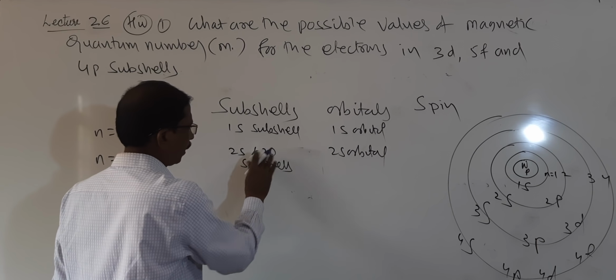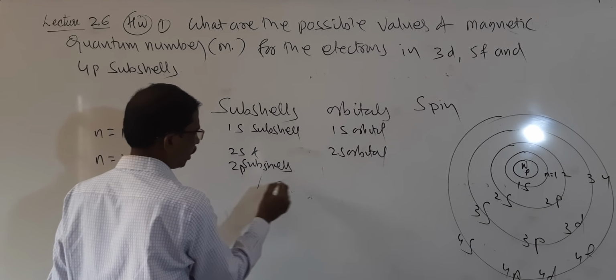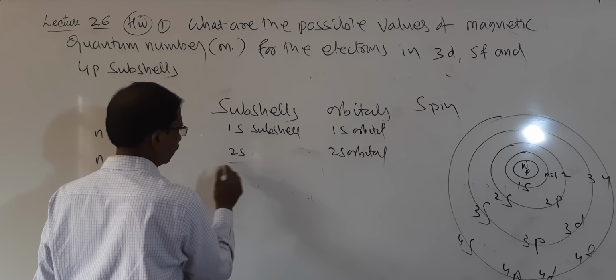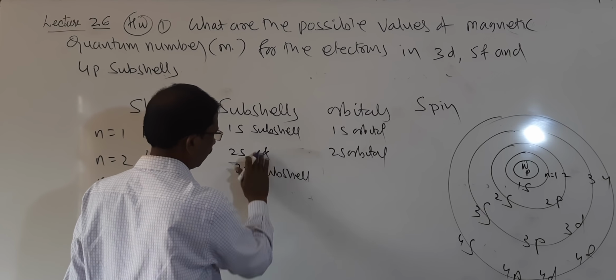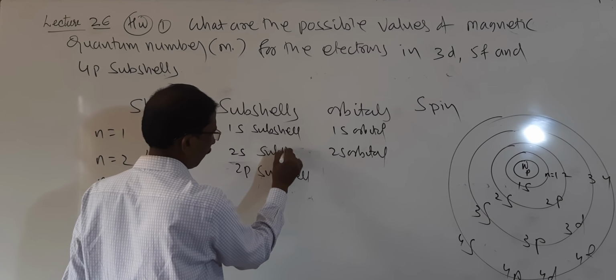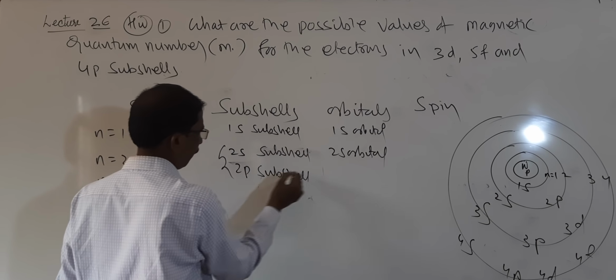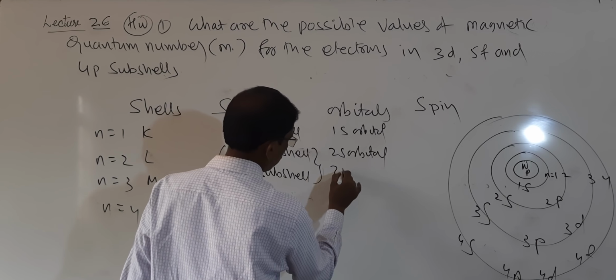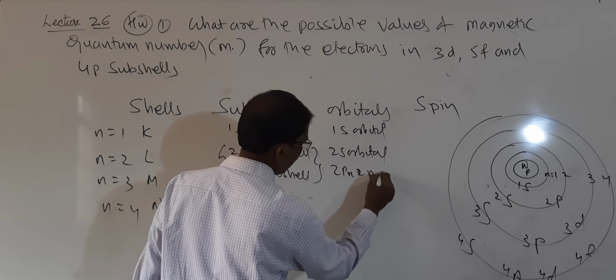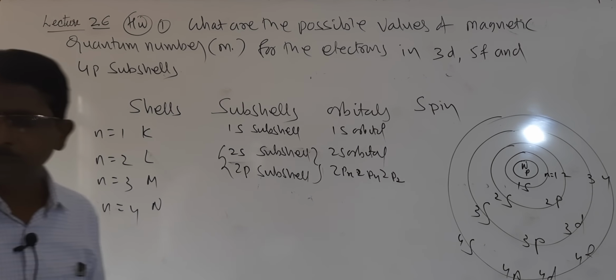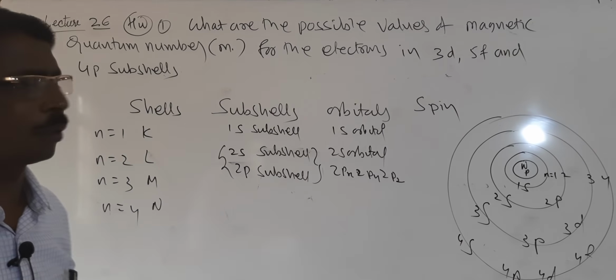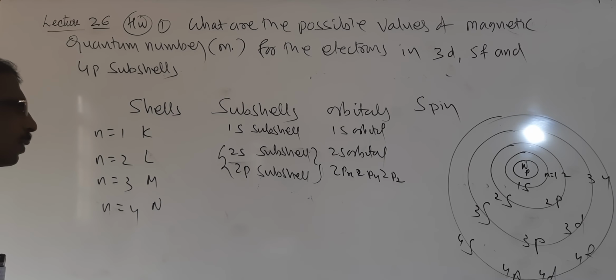For the 2p subshell you will get 2px, 2py, 2pz, like this. So you make a chart and it is very easy to solve this. You make the chart like this.